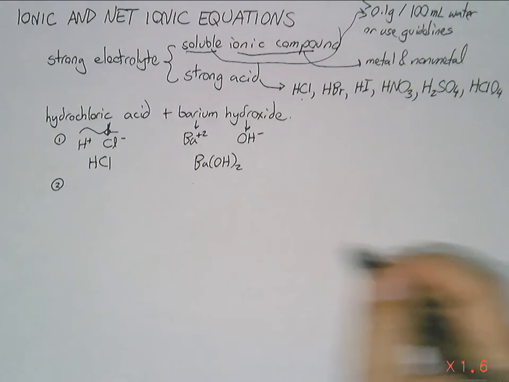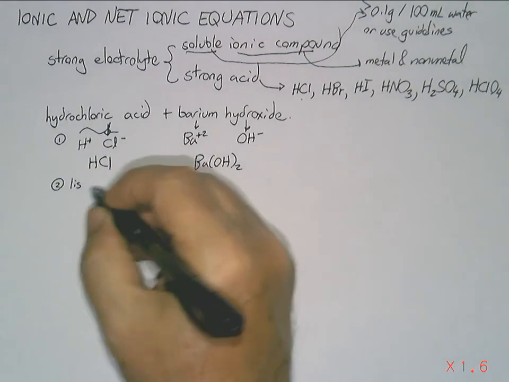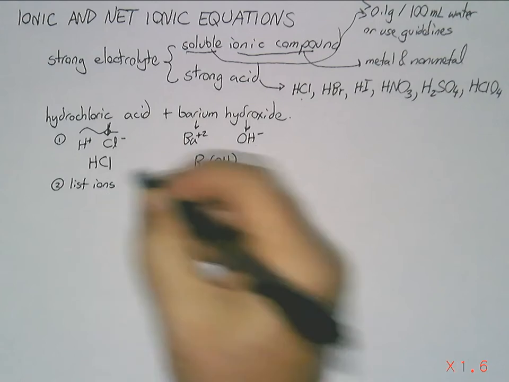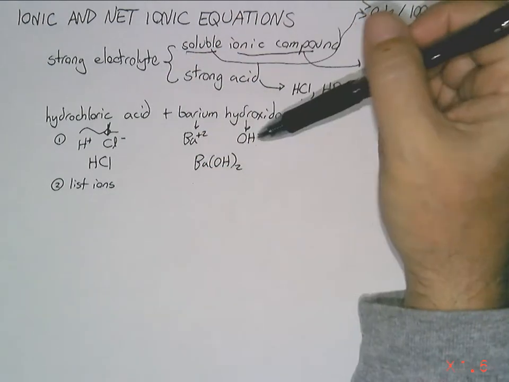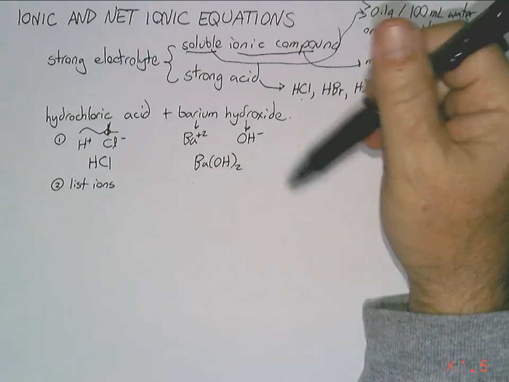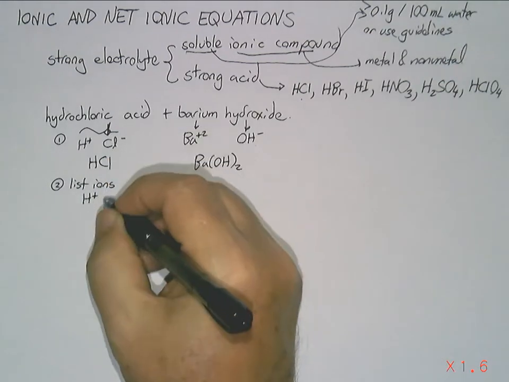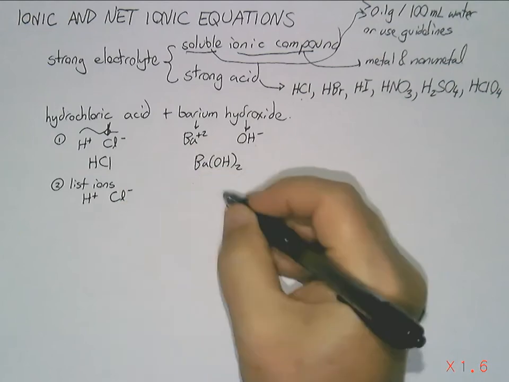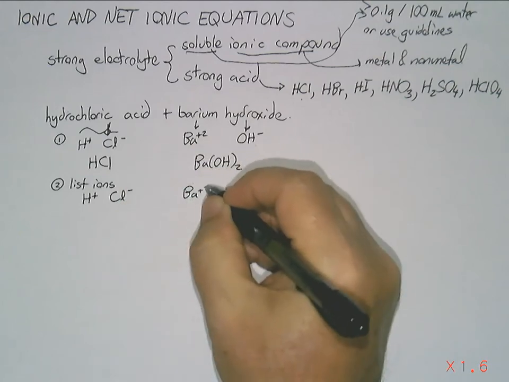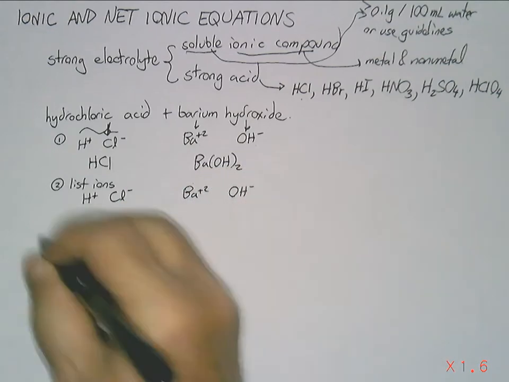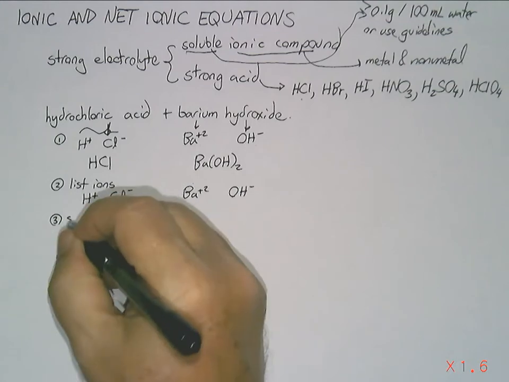The next step is list the ions present. Now, notice that we had to list the ions present in order to work out the formulas, so that step's already been done up here. Third step is swap the ions.